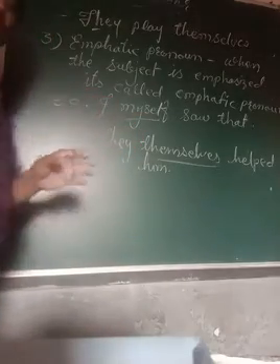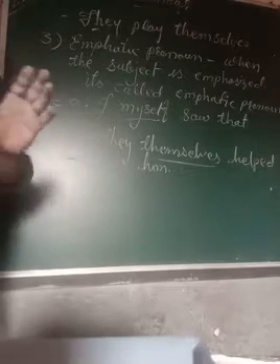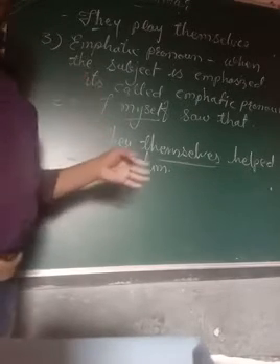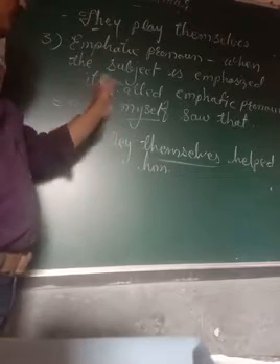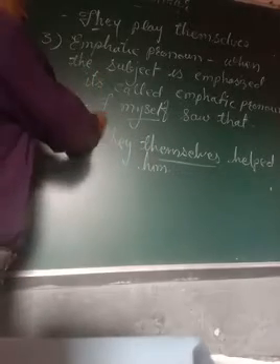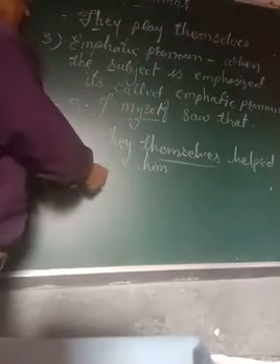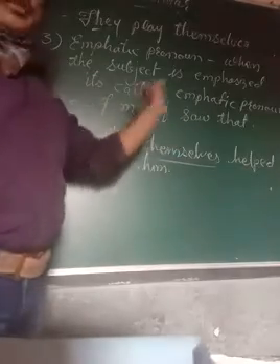One more thing that you need to keep in mind is that emphatic pronouns are always used after the subject. Look here, I is the subject, and next to it the emphatic pronoun myself is used. Here they is the subject and the emphatic pronoun themselves is used next to it.